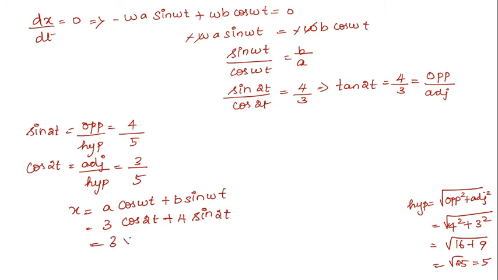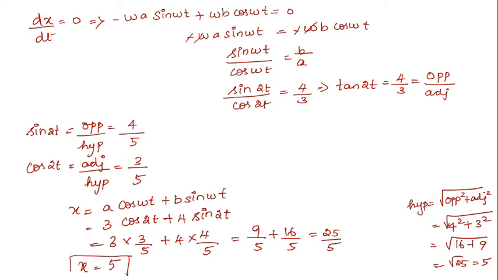So it is 3 into cos 2t, which is 3 by 5, plus 4 into sin 2t, which is 4 by 5. So it is 9 by 5 plus 16 by 5. It is 25 by 5. Finally it is 5. So your x is equal to 5. So this is the amplitude. Okay. This is your amplitude.